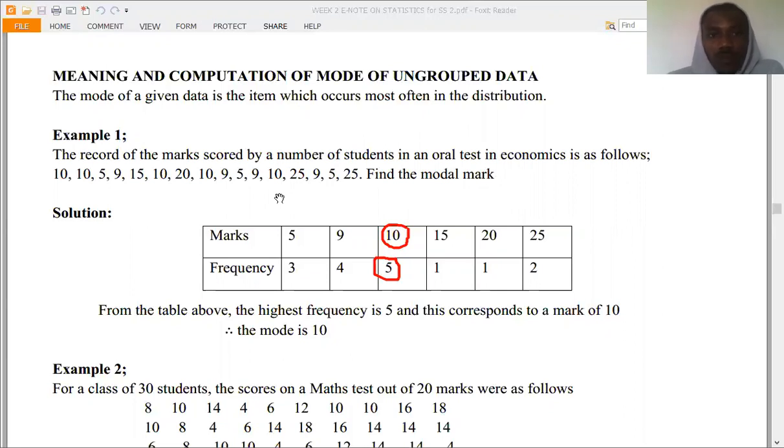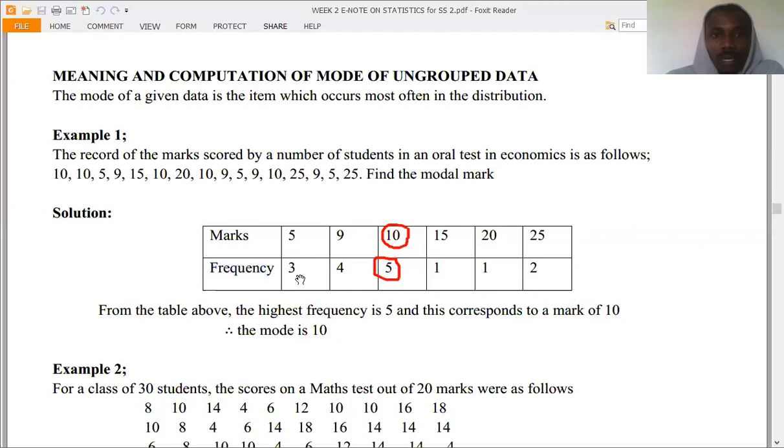So to answer this question, let us make use of a table. I have formed a table of 2 rows and 7 columns. The row title here is the marks, while this is the frequency.